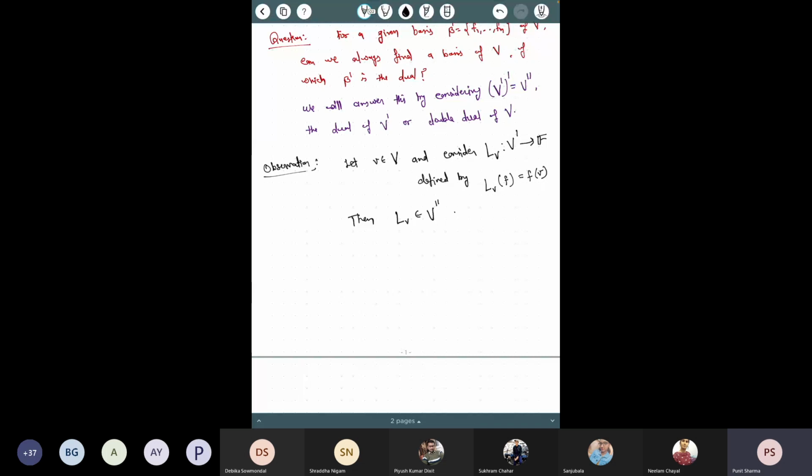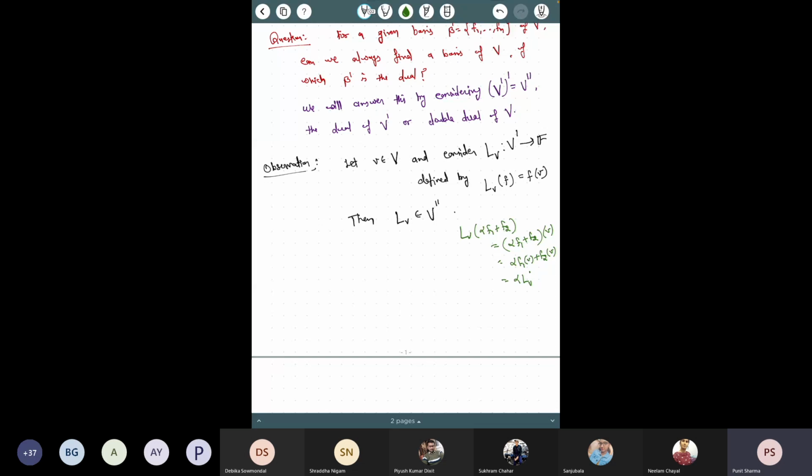Because you take any alpha f1 plus f2 here, then by definition it will be alpha f1 plus f2 of V, but then you use this property of functions, and then you can say that it is just alpha L_V f1 plus L_V f2.